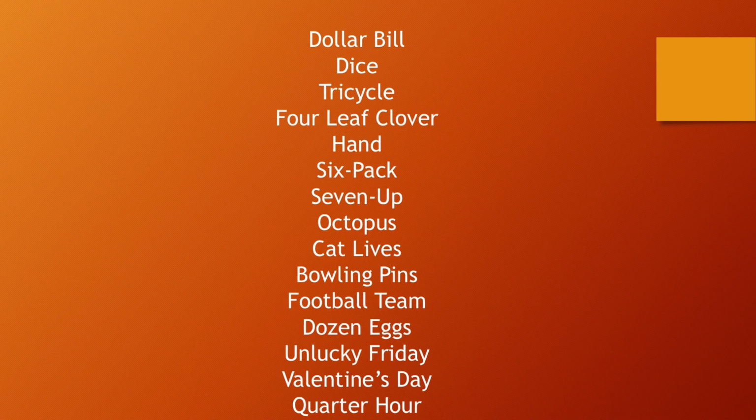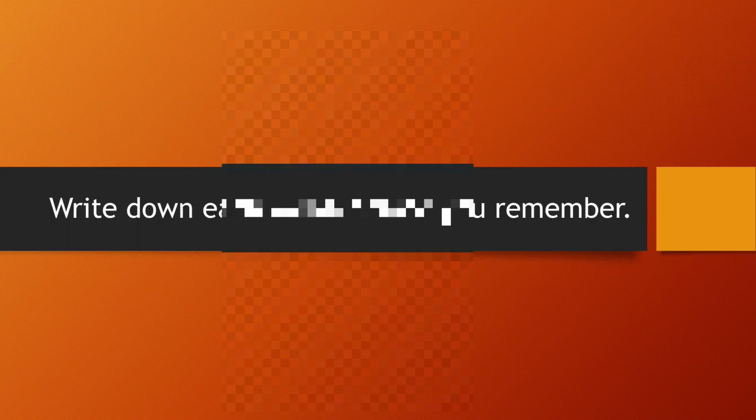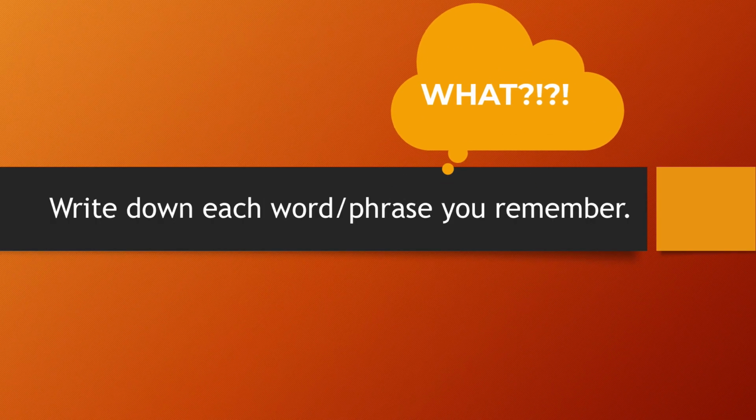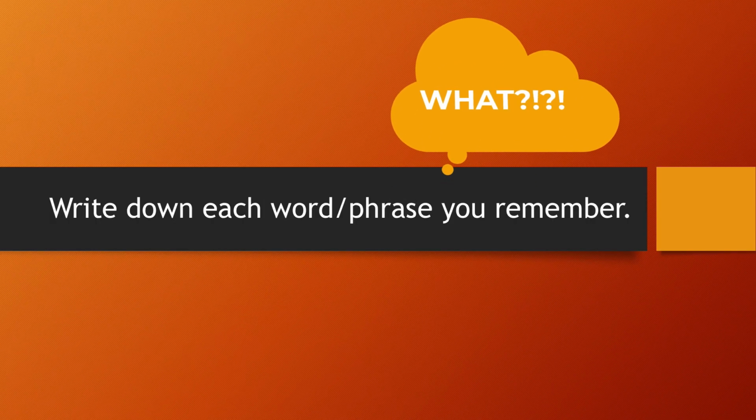And stop. Jot the number of vowels down that you counted on your piece of paper. I want you to write down every word that you remember from the previous screen.